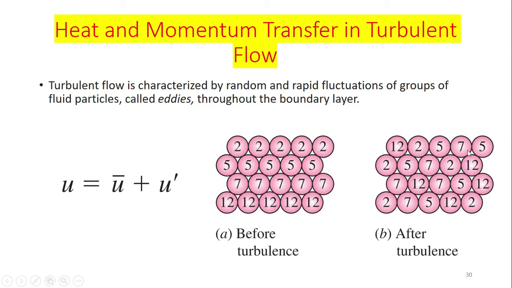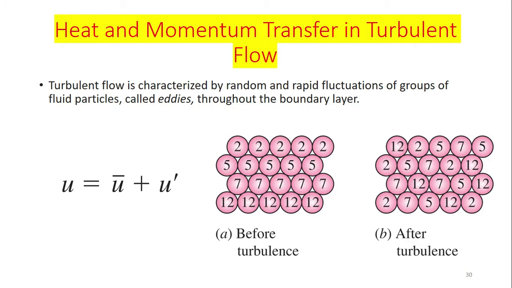As you can see in this diagram, the instantaneous velocity component u varies with time at a specific location, as can be measured with a hot wire anemometer probe or other sensitive devices. We observe that the instantaneous value of the velocity fluctuates about the mean value.